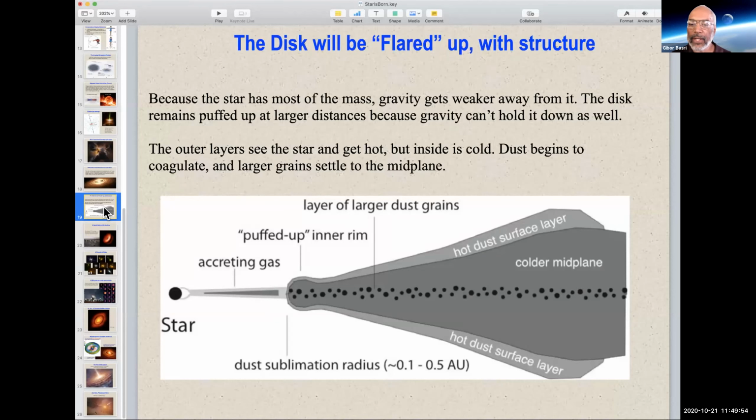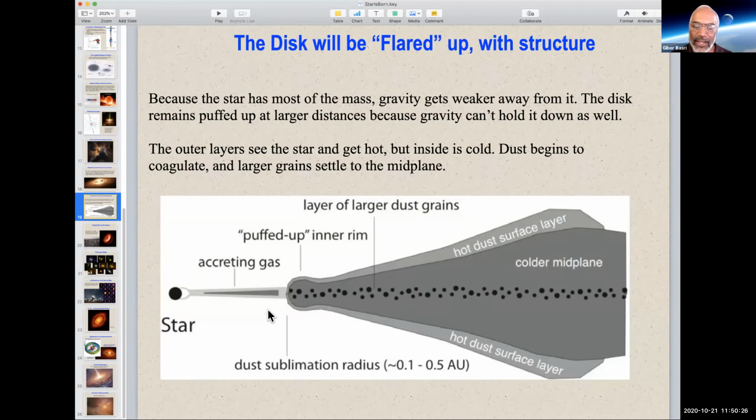Do people still see my screen? Yes. Okay, so here is sort of a cross section of one of those disks, and the first point is that you almost always get a disk when you're making a star. Then in that disk, the outer surface can be hot, but the inner part is shielded from the starlight and gets quite cold, and the dust starts to coagulate, and as it coagulates, it tends to sink to the middle.